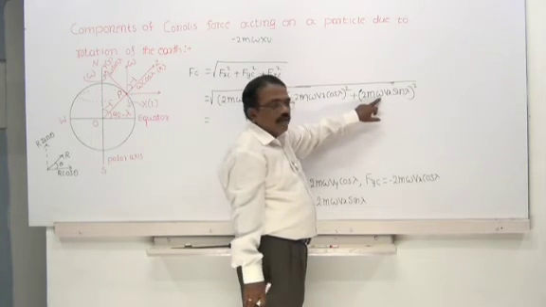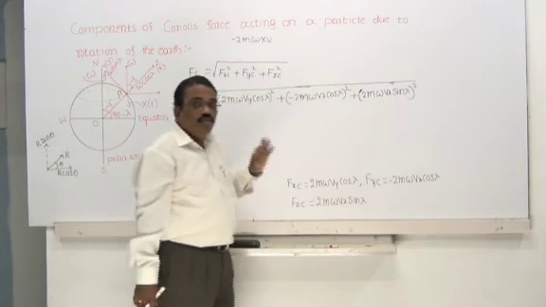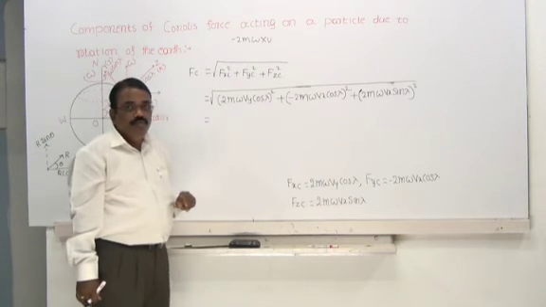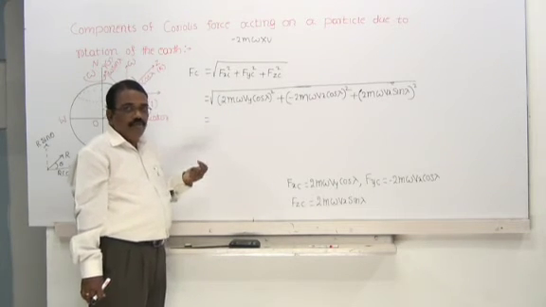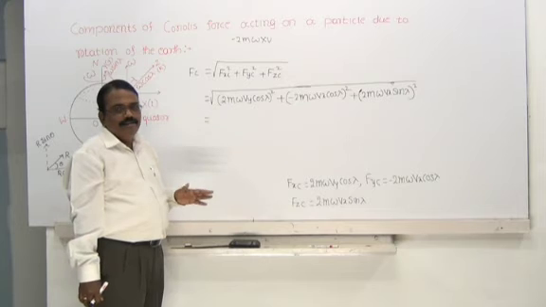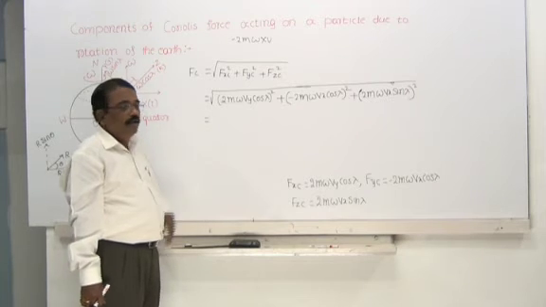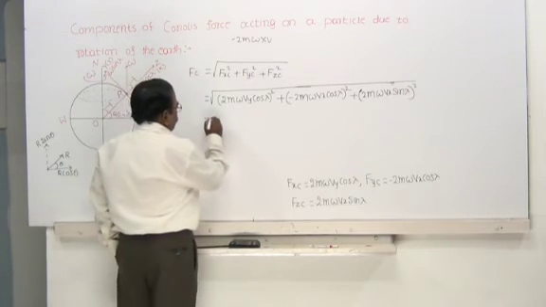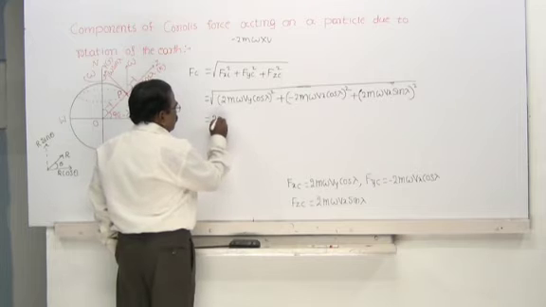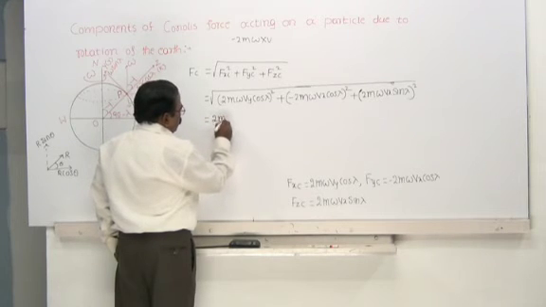What is the square root of 4? 4 is 2. M square is m. Omega square is omega. The square root, taking those quantities outside, 2m omega.